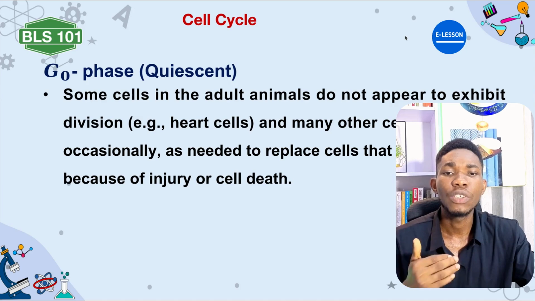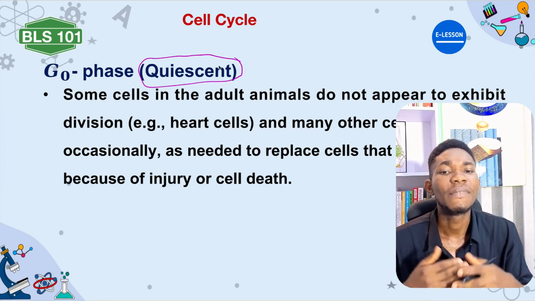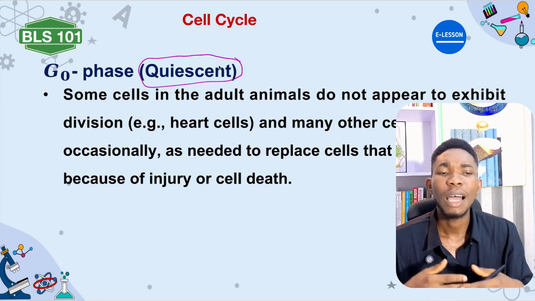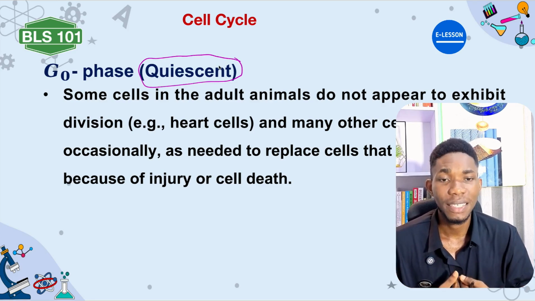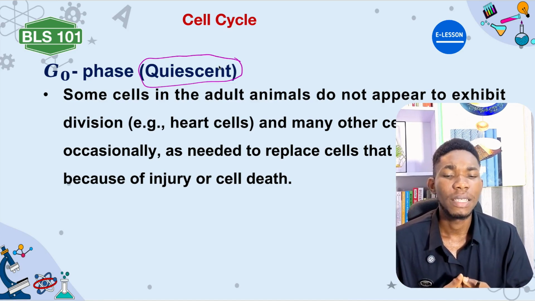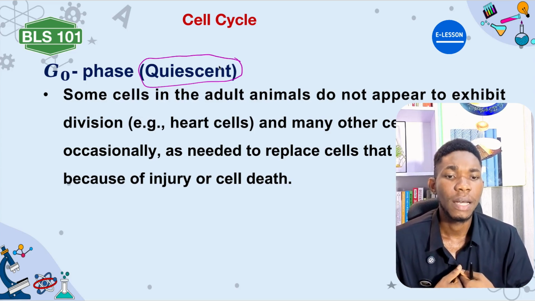Then we talked about the G0 phase, which is also called the quiescent stage. Now, we said that there are some cells that do not actively divide. Are you getting it? They do not appear to exhibit division, e.g. the myocardial cells of the heart, that is the heart cells. And many other cells only divide occasionally as needed to replace cells that have been lost in our body due to injury or cell death.